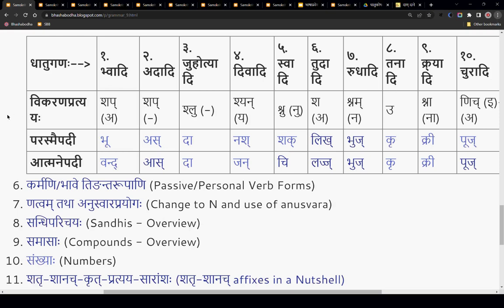Only for those four lakaras the in-between vikarana pratyaya is applicable, and based on that dhatus are categorized into 10 ganas. That means the 10 ganas are also applicable only for those four lakaras. Ganas matter only for those four lakaras; for other lakaras it doesn't matter because there is no vikarana pratyaya.